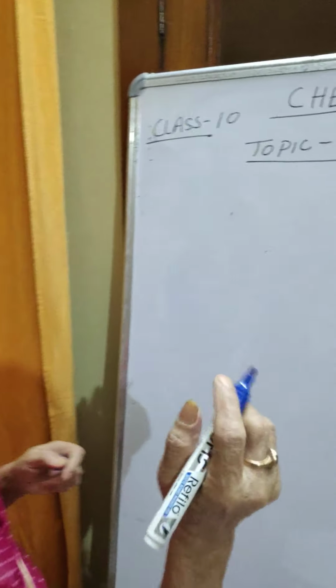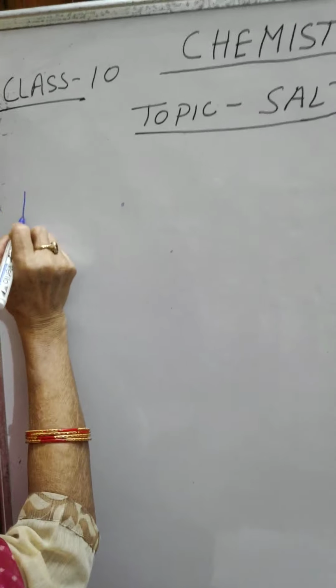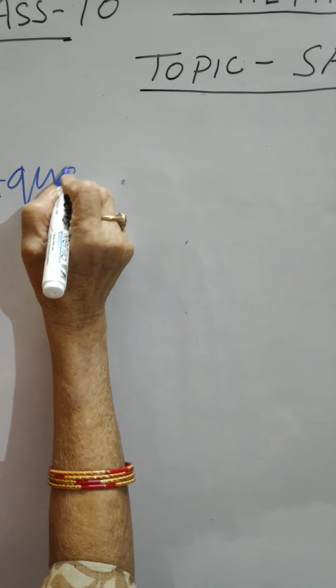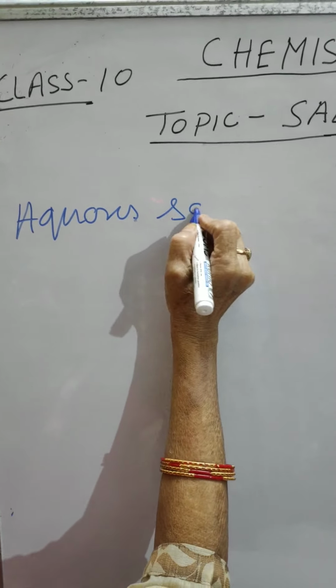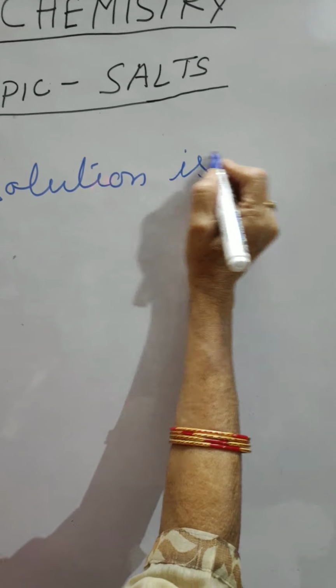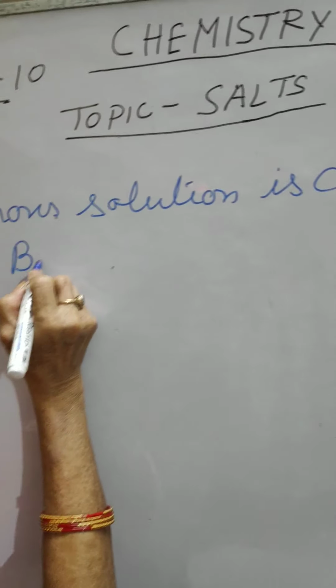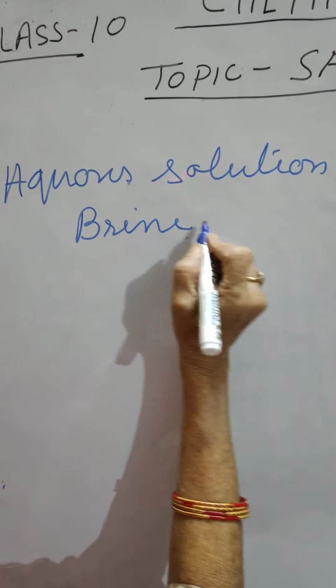Now the next one is the chloro-alkali process. First, the aqueous solution of salt is called brine solution. Remember it. Sometimes the question may be asked, what is brine solution?